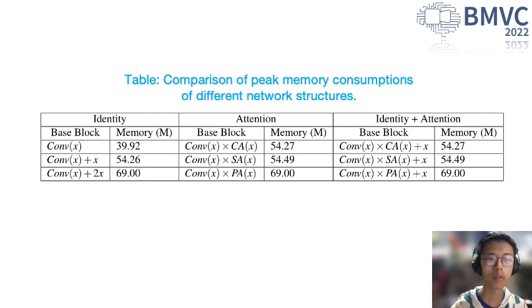For attention, we found that pixel attention, which generates a bigger attention map, costs the same size as the identity connection. And for identity plus attention, we found that they keep the same memory as the attention mechanism. So there exists a memory sharing mechanism between the attention and the identity.